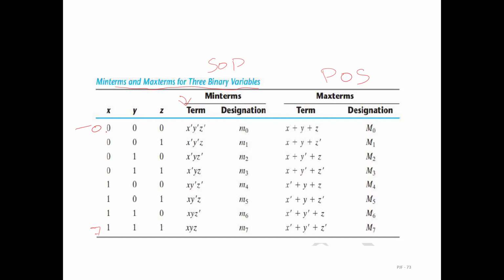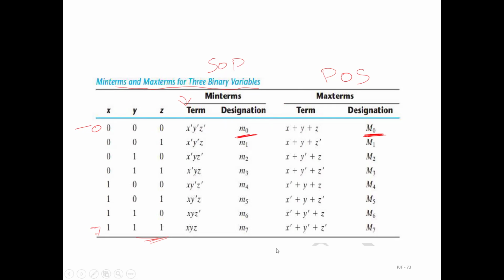Initially 000 means X bar, Y bar, Z bar, and the designation is M0. The same thing you can represent using POS. Since it is 0, it is X plus Y plus Z, and the designation is capital M0 since it is POS. In the same way for all the values from 0 to 7, because it is a 3-bit representation.